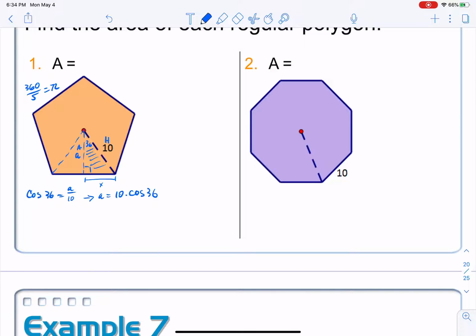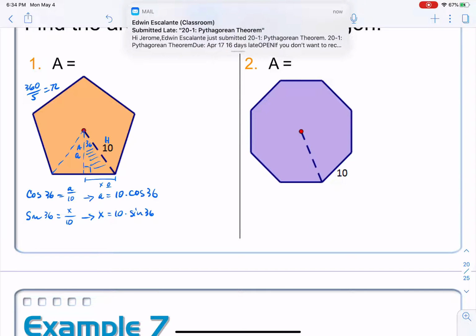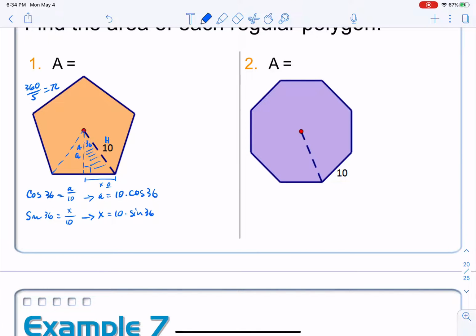All right, and then let's say I want to find the x. The x now is the opposite side, which is going to use sine. Sine of 36 is equal to the opposite side, which we're calling x, over my hypotenuse of 10. Multiply the 10 over, and I get my x side as 10 times the sine of 36. All right, and now our side length is double that.